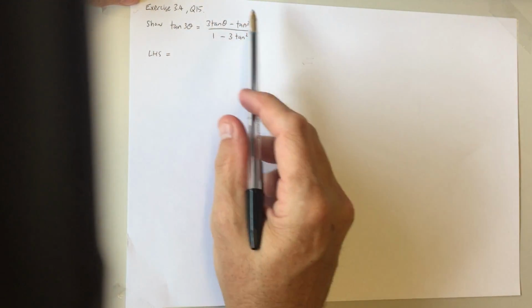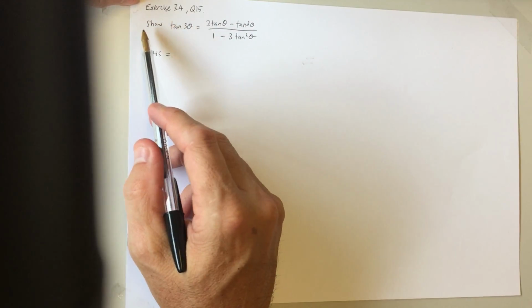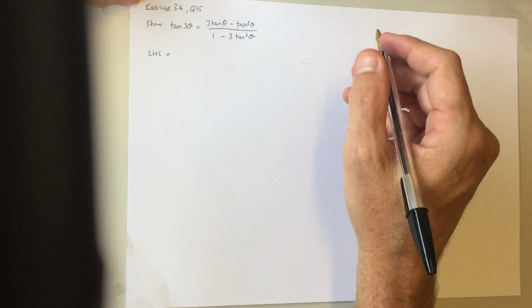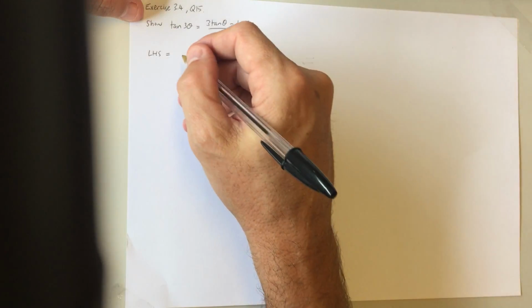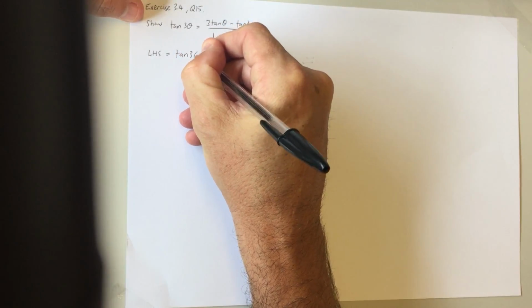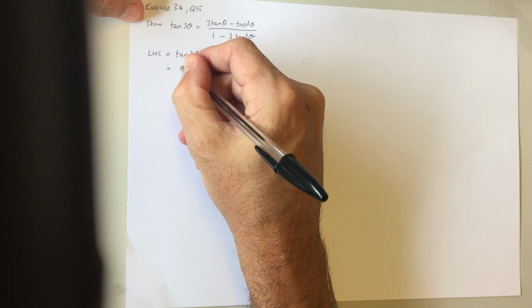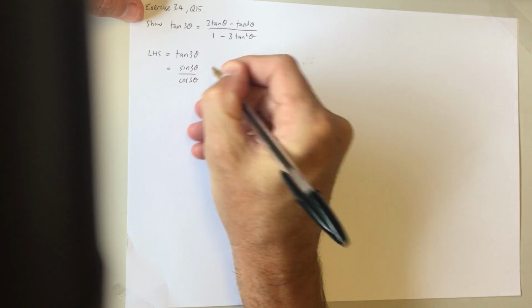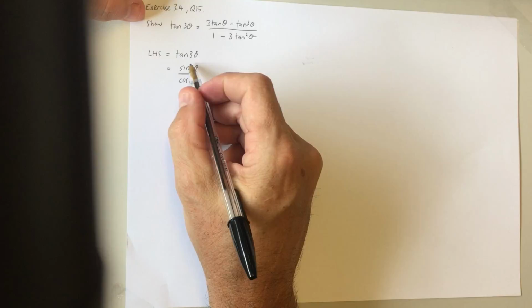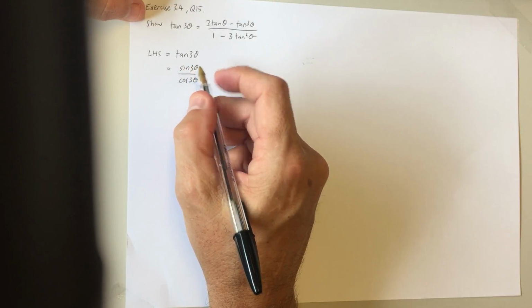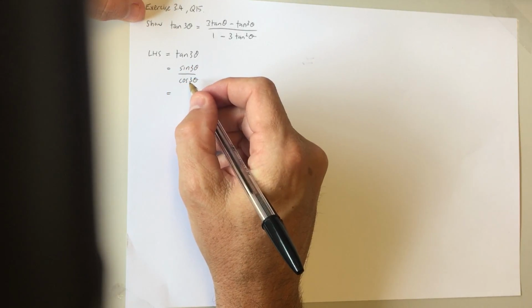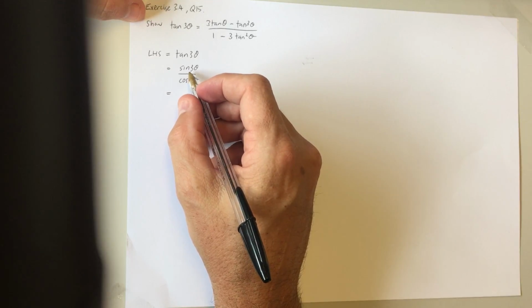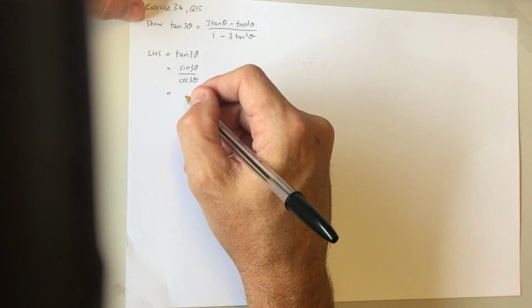No need to set it out formally like a proof because it's just asking you to show, so it's not asking you to do a proof. So left hand side equals tan 3 theta, so that's equal to sine of 3 theta over cos of 3 theta. Right, so you need to think about substituting in for sine and cos, the expressions that we know for sine of n theta.